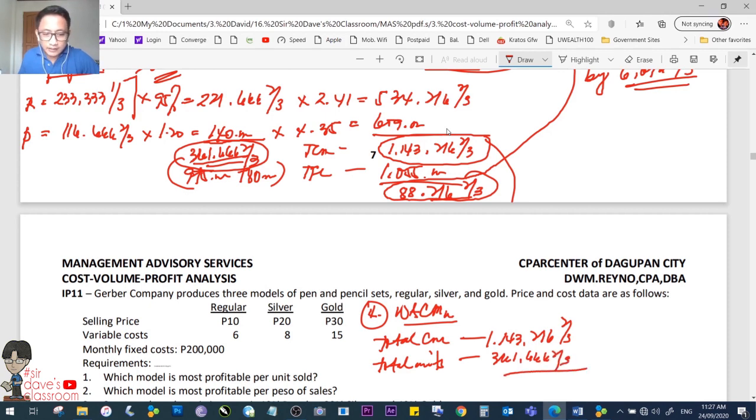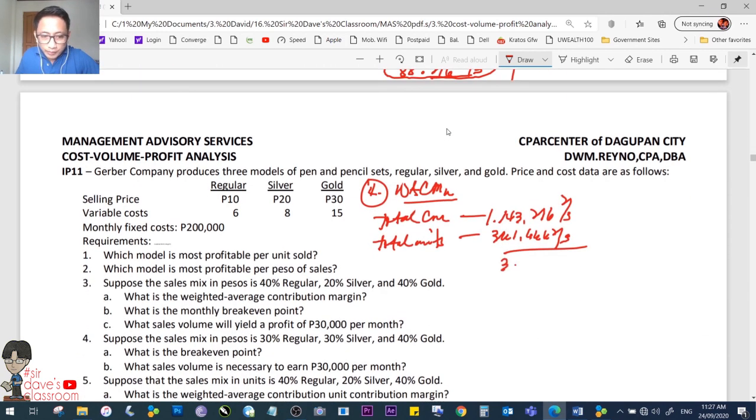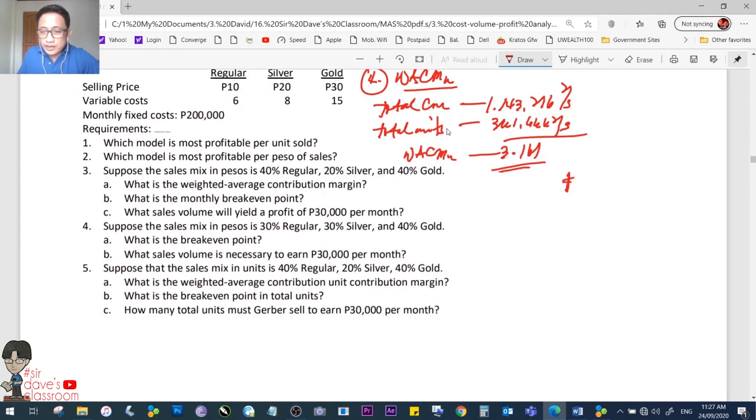Please divide. Ilan tayo dito? It is 3.161. I believe this is rounded. Okay? Pero wag na natin pag-awayan yung rounding off. Weighted average contribution margin per unit. 3.161. Or, if you're very curious and you think the customary way should be the one that must be followed, same lang din yung figure na madadatnan mo.